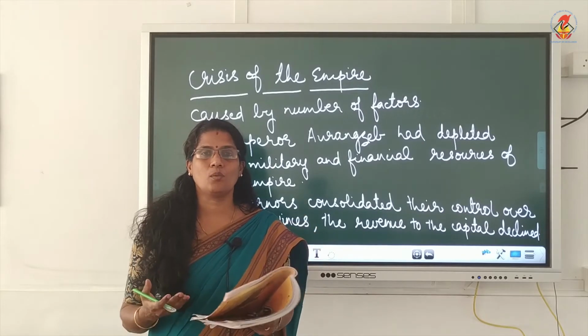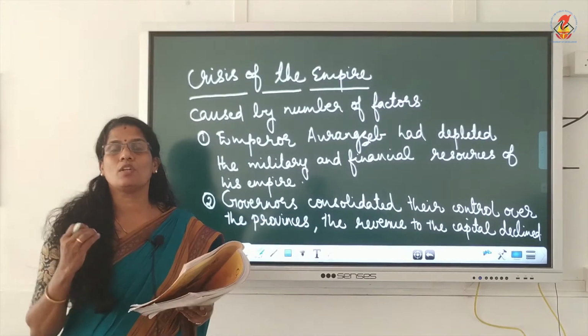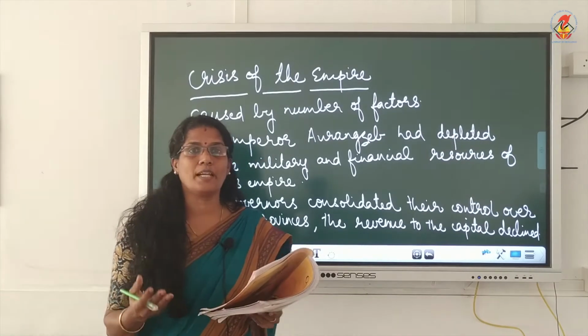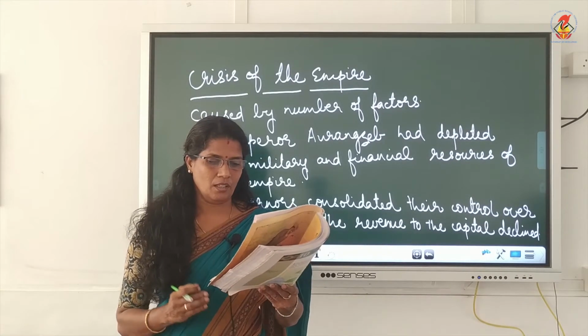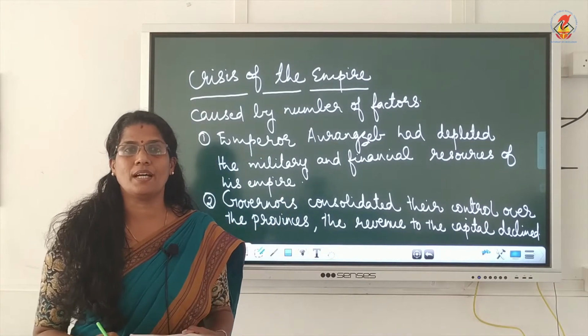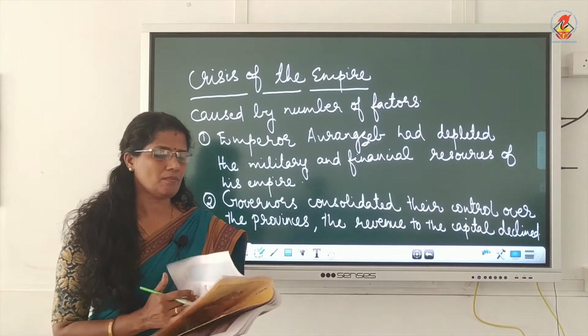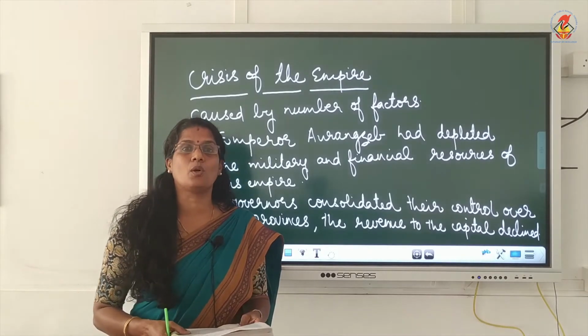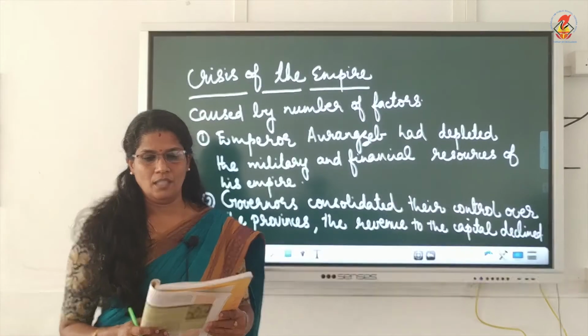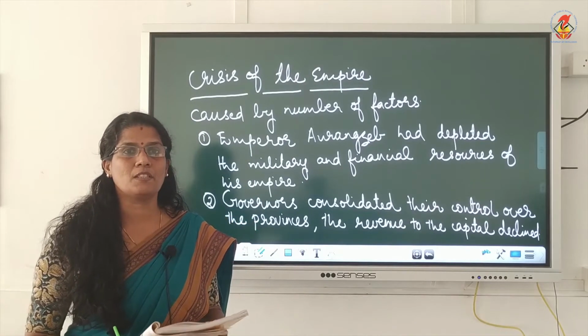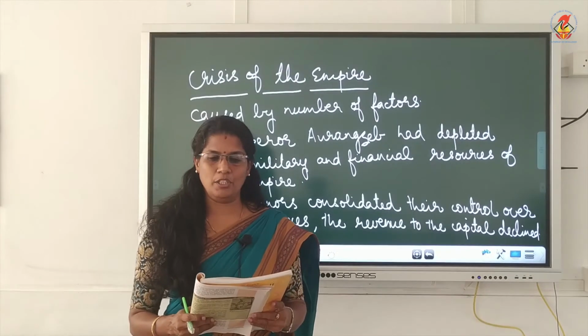And after that, the emperors were not able to check the nobles or mansabdars appointed by them. The mansabdars had control of Faujdari and Diwani, which means military and revenue administration.